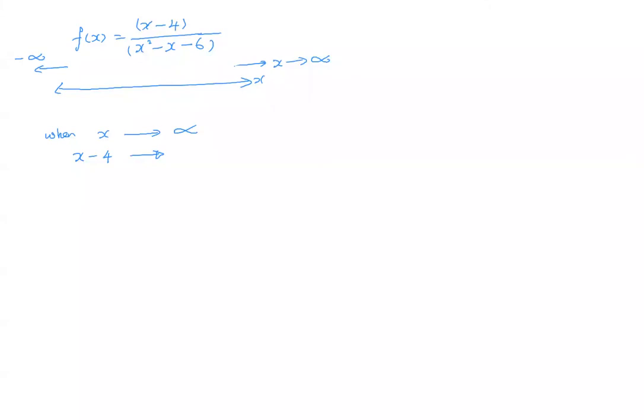You will tend toward what? This expression, if my x tends toward infinity, what will happen to the value of x minus 4? It doesn't matter whether greater or not. If I take a very, very, very big value, minus 4, the result will be very, very big or small?